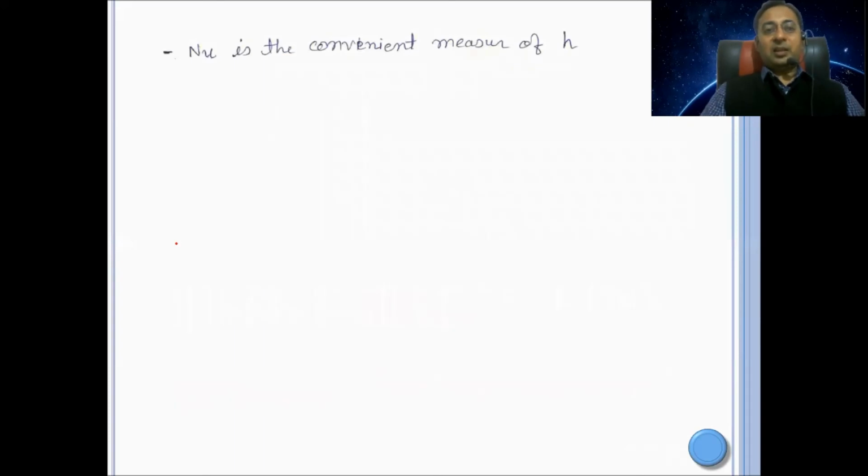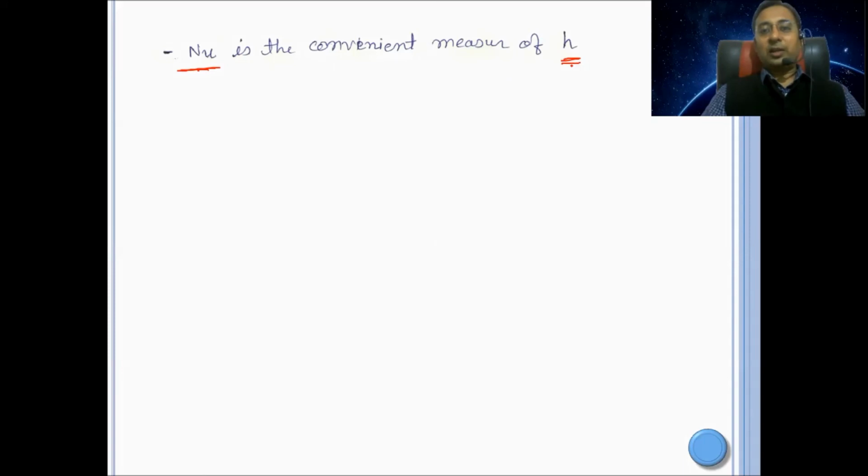So Nusselt number is a convenient measure for the H, right? In all examples, for calculating the H, we need to calculate Nu. If we get the value of Nu, we can get the value of H, and then we can use Newton's law of cooling, Q is equal to H A delta T. So examples of the convective heat transfer coefficient are very simple.